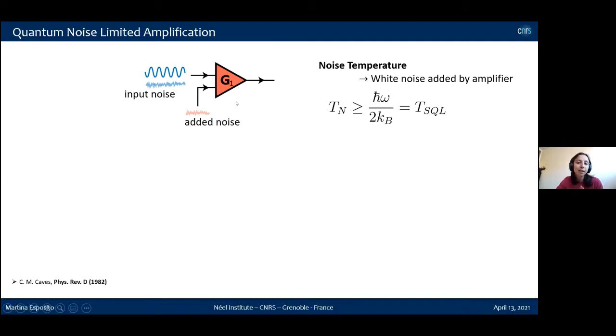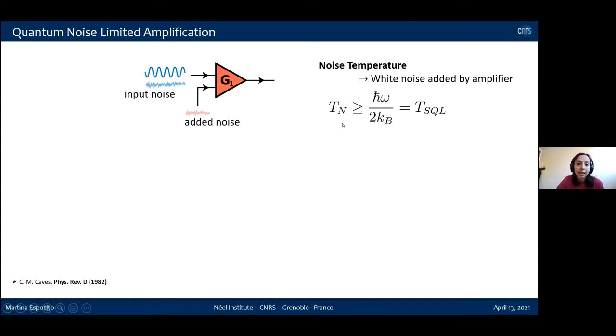And every amplifier has a figure of merit, which is the added noise. This added noise can be expressed in terms of noise temperature, and the minimum noise temperature of an amplifier is basically the standard quantum limit noise temperature.